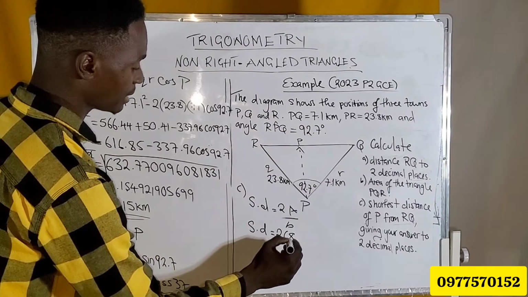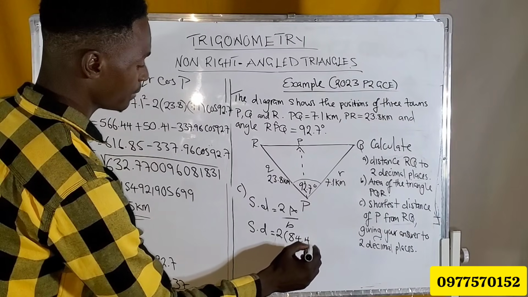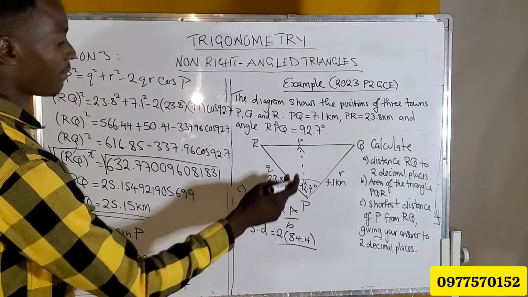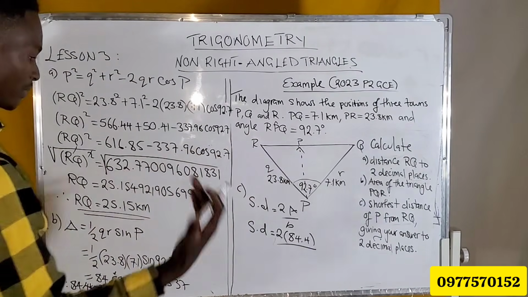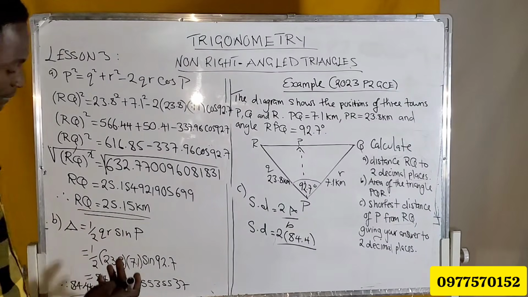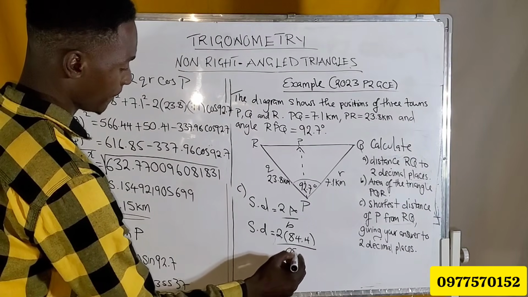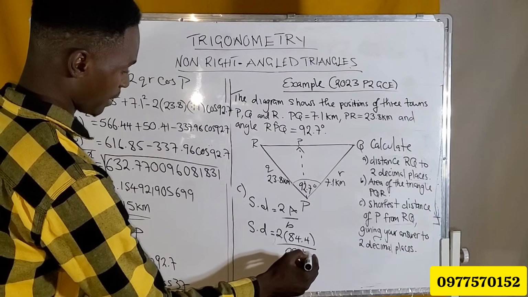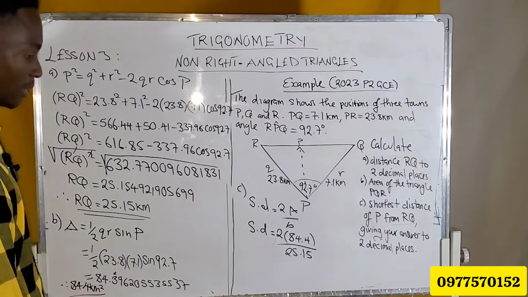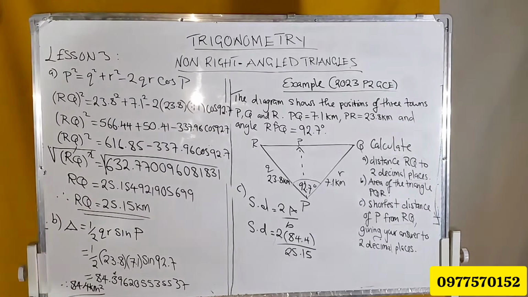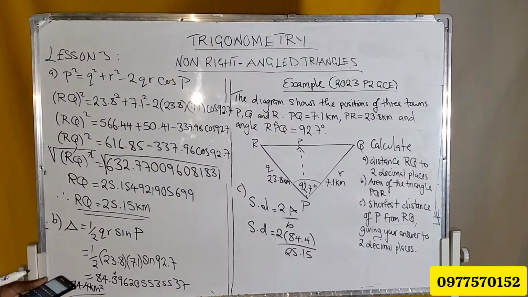So you're going to say 84.4 over the base. What is the base? The base is RQ. We've already calculated RQ, which is 25.15. Okay, 15. So you can just do calculations there. 2 multiplied by 84.4, okay, divided by 25.15.